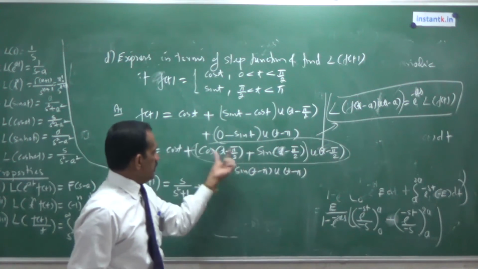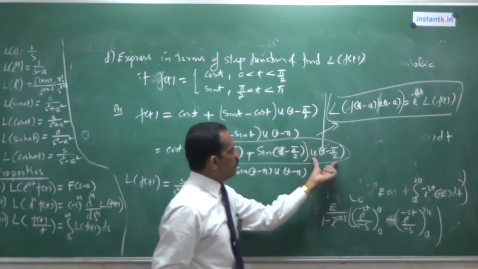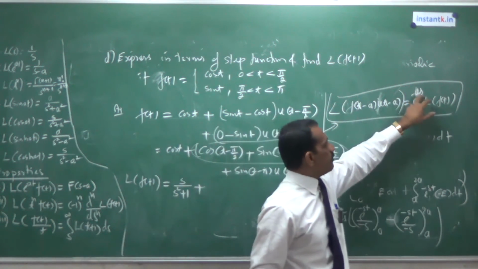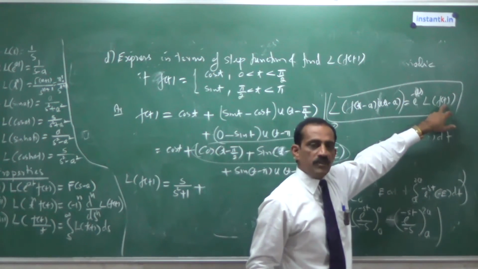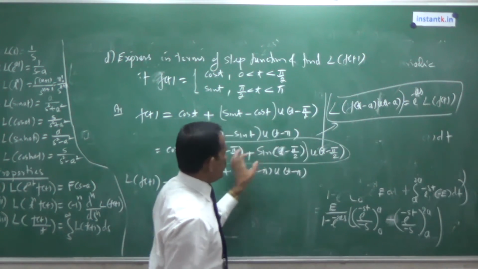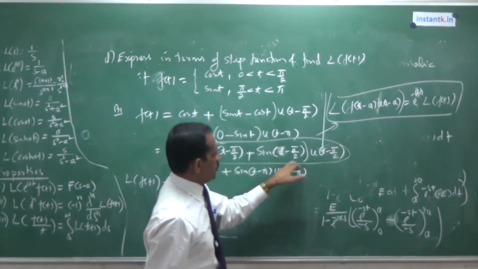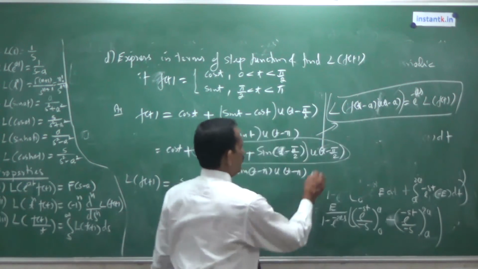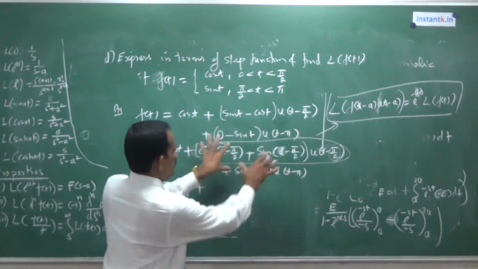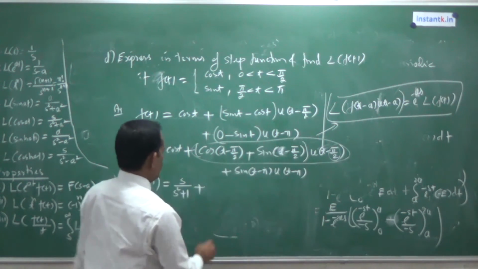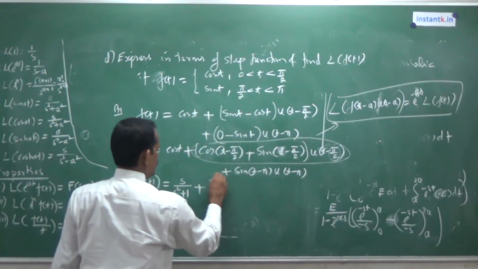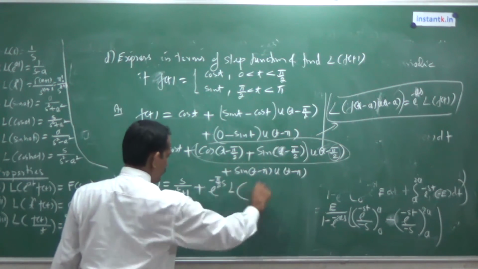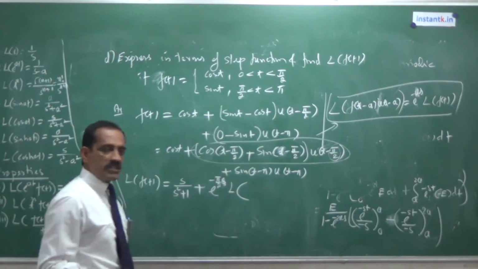If it is f of t minus a into u of t minus a, the answer is e power minus as into the Laplace transform of f of t. Here everything is in terms of t minus a, so first we write e power minus as. What is a here? Pi by 2. So it is e power minus pi by 2 s into the Laplace transform of f of t.